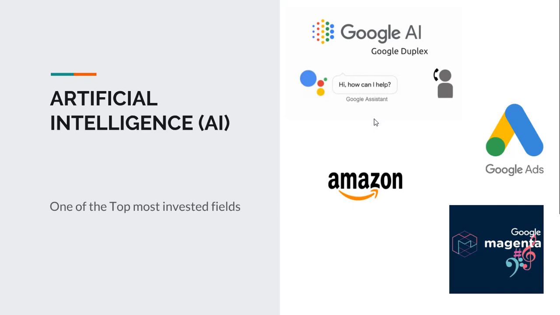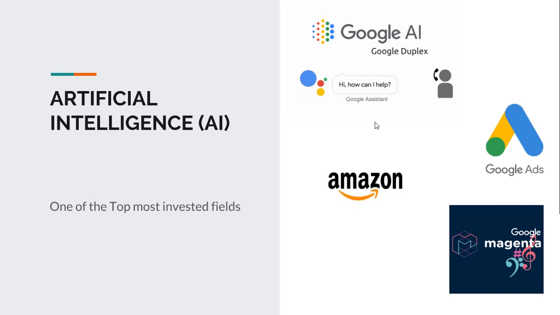These specific areas are really influential in today's world, and most of the companies are investing a lot in these fields, specifically deep learning and natural language processing, to make their bots understand what their customer really wants.